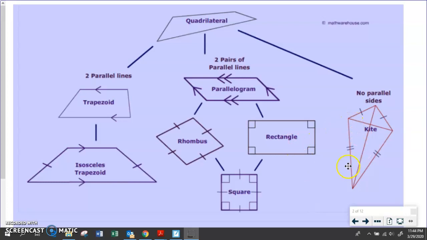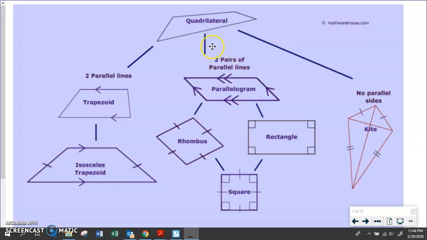So you wouldn't say quadrilateral, you would say square. That's because squares are a type of parallelogram. I'm going to go back to this little tree diagram that we have here. So they are also a kind of quadrilateral, but if you know that it's a square, you wouldn't normally say that it's a quadrilateral. We're going to say that it's a square.